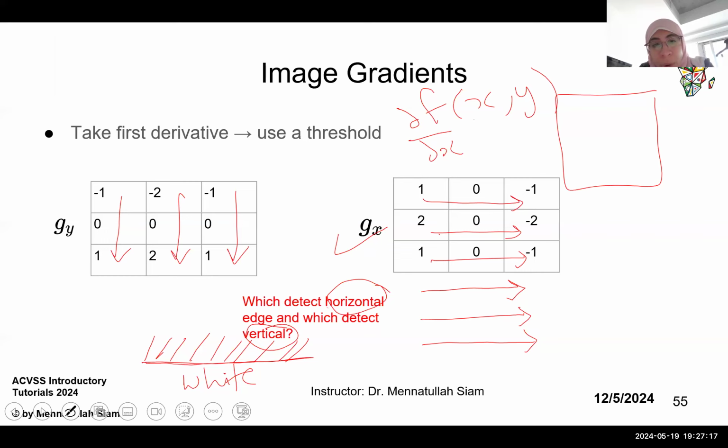When I go from black to white across this edge, is the direction of the change the same as the direction of the edge? No, it's perpendicular, exactly. So if I have this kernel, it will detect a vertical edge. If I have this kernel, it will detect a horizontal edge, because you're taking the rate of change in the perpendicular direction.